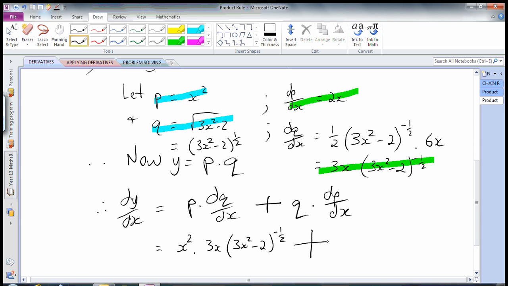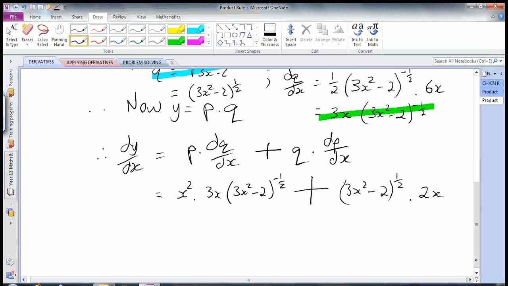Put in place my big plus sign, which psychologically really separates the expression for me. That's a massive help to me when I'm going to factorise this in a moment. Now q is equal to, and I'll use the form of the equation that I've got above with the power of 1/2 rather than the square root sign, times dp dx, which is the 2x.